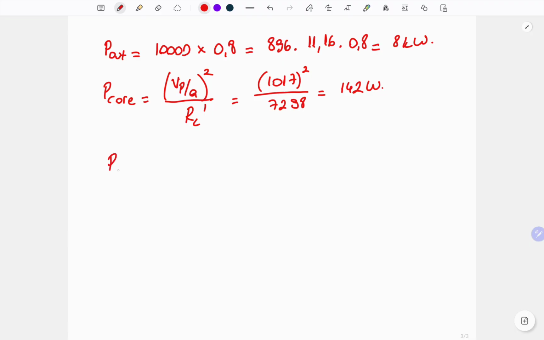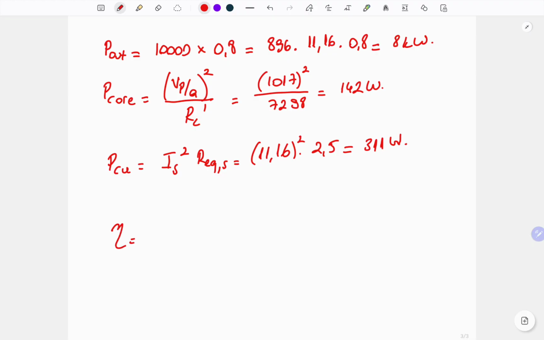Then the last loss for the circuit will be the copper losses, which is represented by our equivalent in the circuit. Similarly, let's use the secondary side equivalent. For the current, our magnitude is 11.16 and the resistance value is 2.5 ohms. So 311 watts will be consumed by our equivalent.